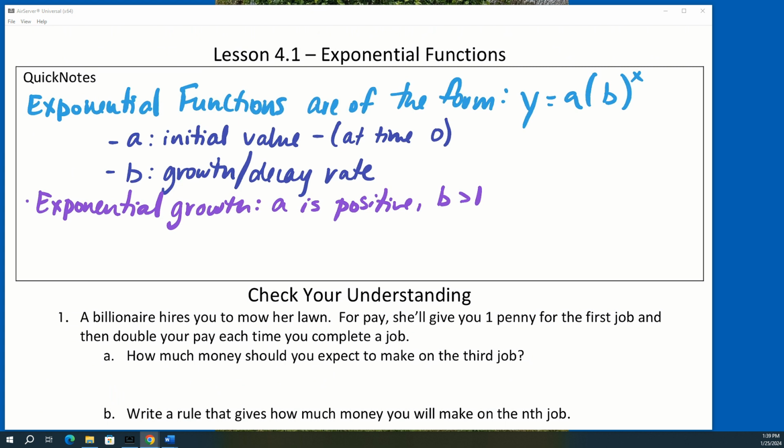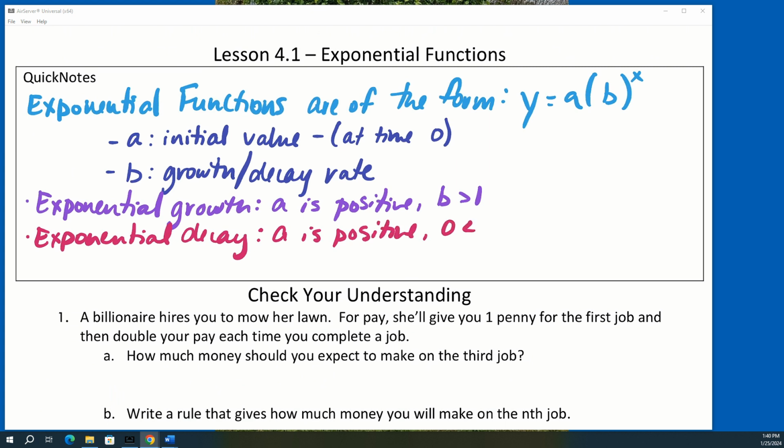All right, and then for exponential decay, a also needs to be positive again. And this time b needs to be between 0 and 1, so a fraction or a decimal between 0 and 1. That's going to give you exponential decay.